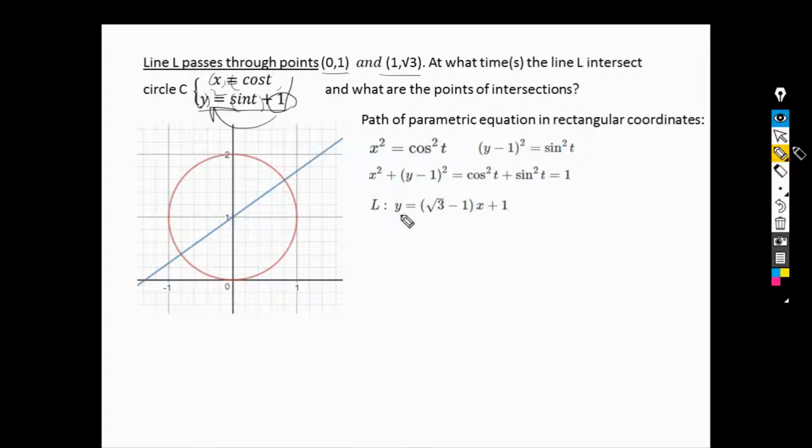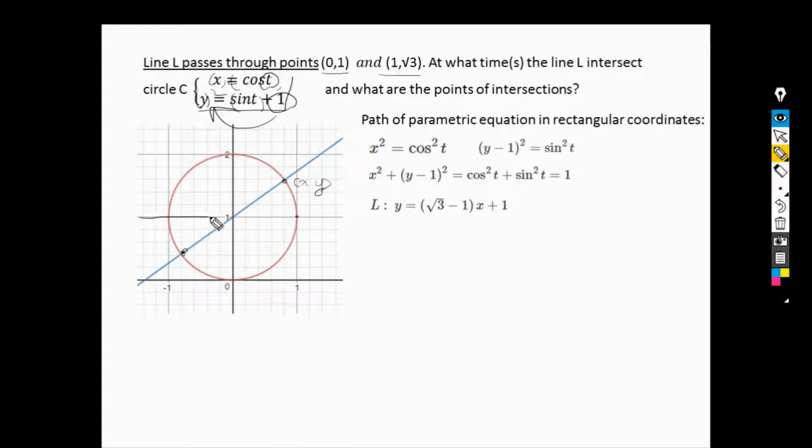When we draw the graph, we see these intersections. These are x comma y. But what we need to know is the t, which is an angle. As you see, t is a value in radians. So t goes from here and goes around the circle and then comes back.